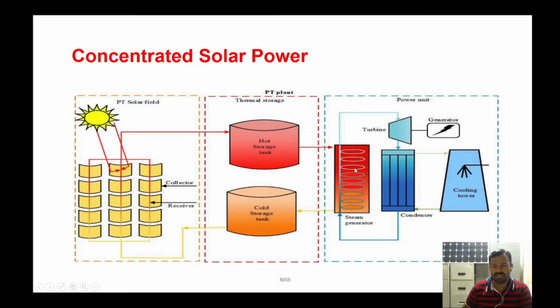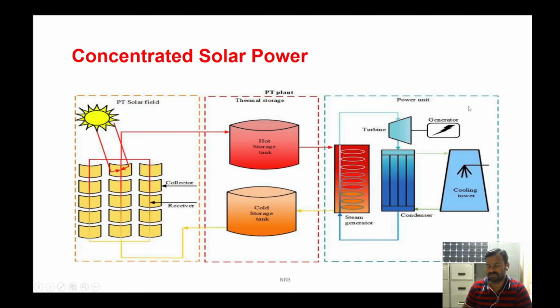Since we already have a very high temperature fluid inside, the water passing through the system is converted into high pressure steam. This high pressure steam flows to the turbine, and the turbine starts rotating. When the turbine rotates, the generator coupled with it also starts rotating.